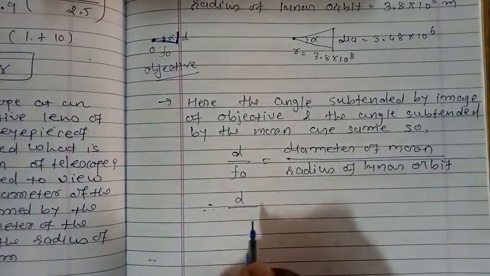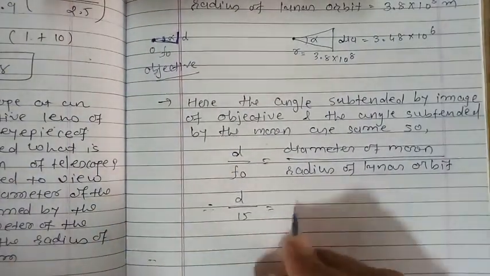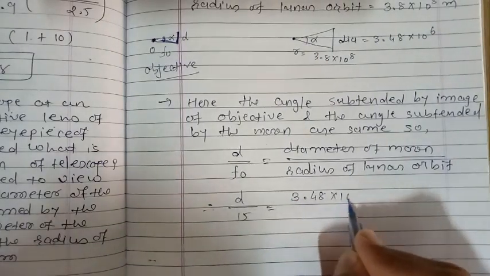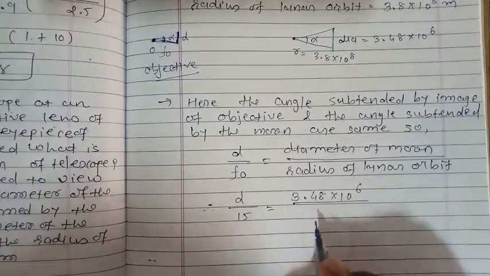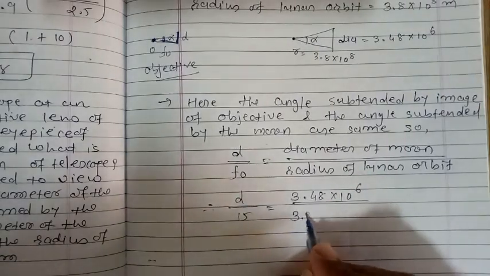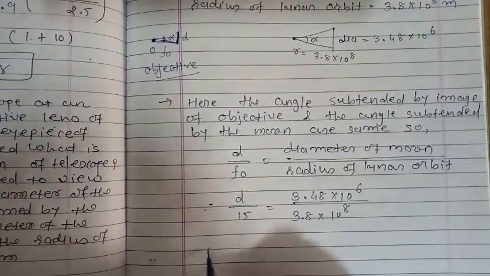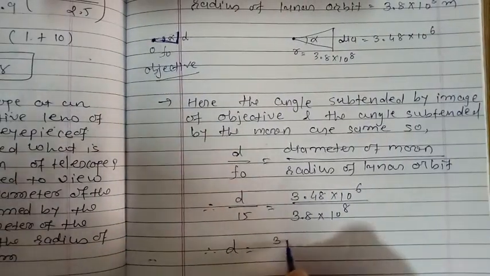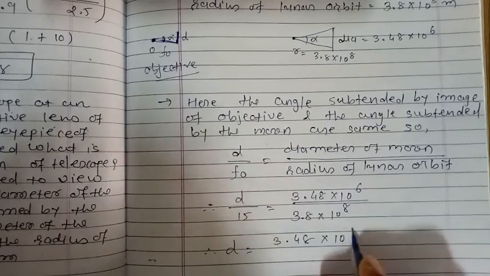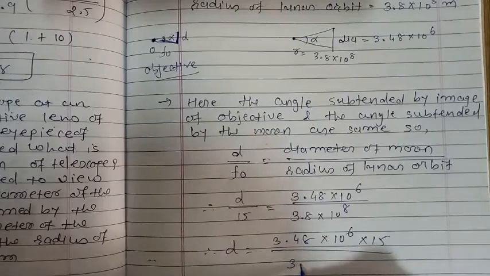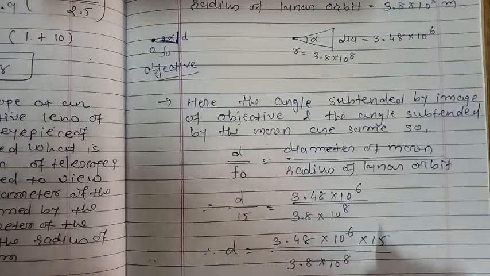We know the value of FO is 15, the diameter of the moon is 3.48 into 10 raised to 6, the radius of the orbit is 3.8 into 10 raised to 8. So here d is equal to 3.48 into 10 raised to 6 into 15 divided by 3.8 into 10 raised to 8.